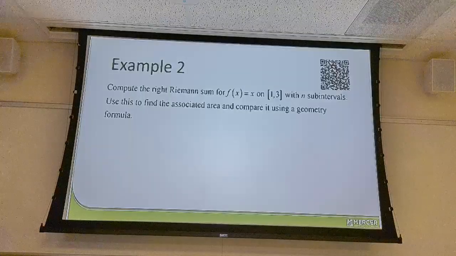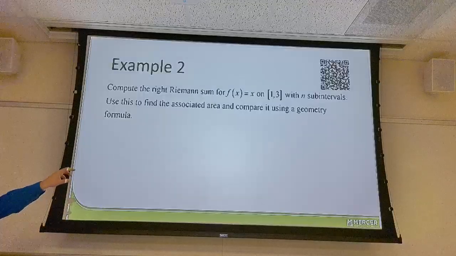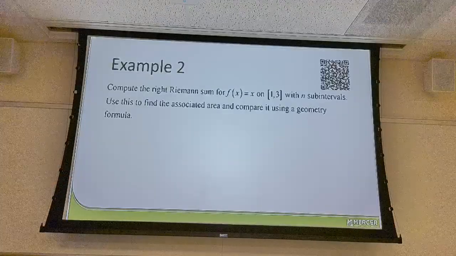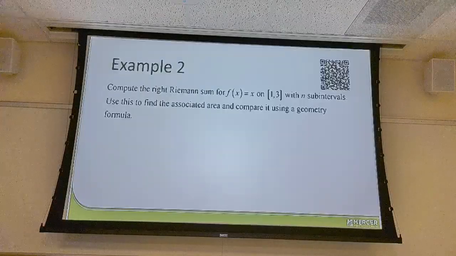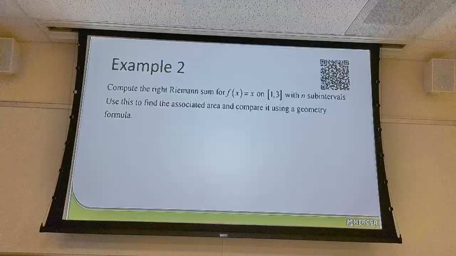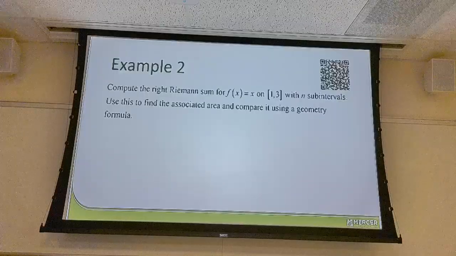We're going to verify that with geometry. I'm going to note right now that I typically use capital N instead of little n. So if I default to capital N, that's why.